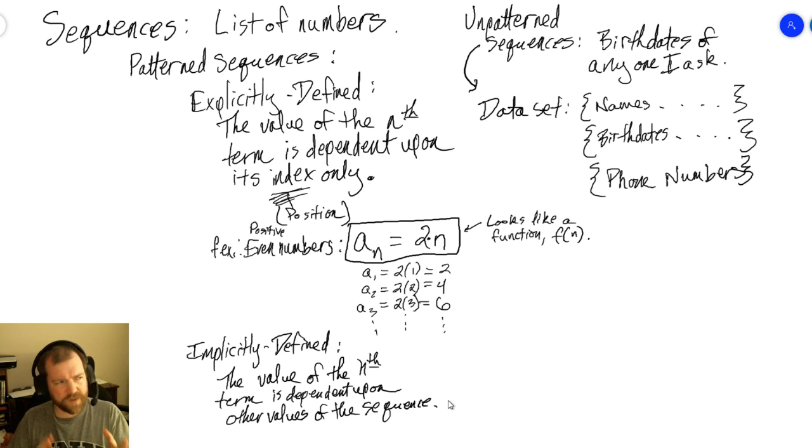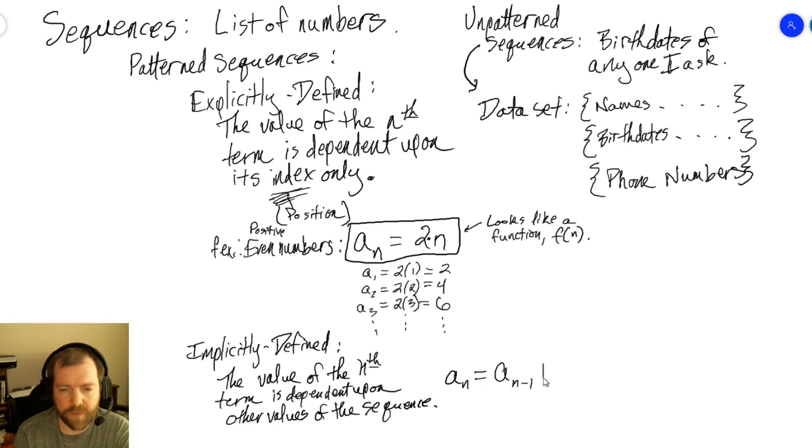Now, I did say previous values in the sequence, which technically doesn't have to be true. So it can be dependent upon any other values in the sequence. So typically, you're going to see something like a sub n is equal to a sub n minus 1 plus 5.